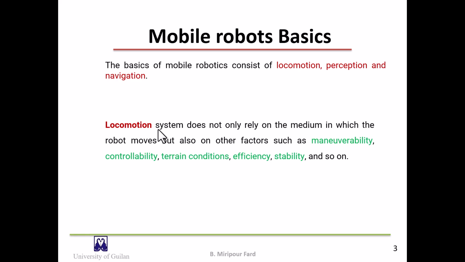The basics of mobile robotics consist of locomotion, perception, and navigation. Locomotion system does not only rely on the medium in which the robot moves, but also on other factors such as maneuverability, controllability, terrain conditions, efficiency, stability, and so on.